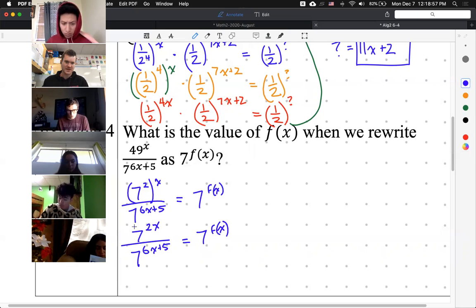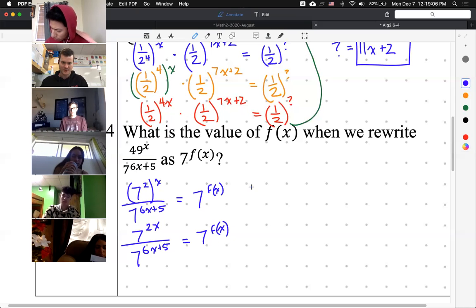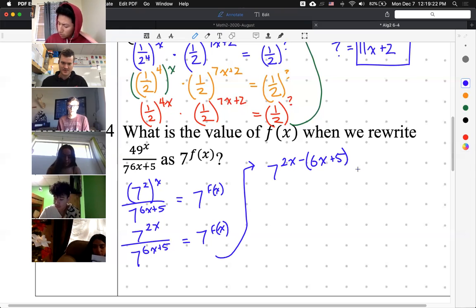From here, because I have like bases, I'm going to subtract instead of add. So back here, I was multiplying with same bases. Now I'm going to subtract, and I'm going to be left with 7 to the power of 2x, and then minus, the key part here is I'm subtracting both of these two terms, so I have to have parentheses. So minus 6x plus 5, and that should be equal to 7 to the power of f of x.